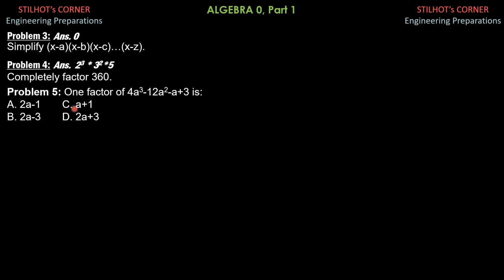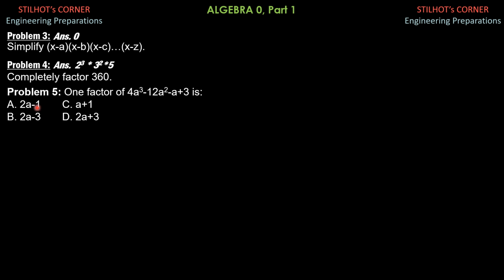For the rest of these choices, the value of this polynomial won't give us 0 when assigning x as 1.5 or 3/2, negative 1, or negative 1/2. So this is the easiest and fastest way.